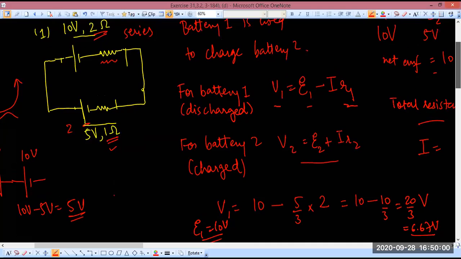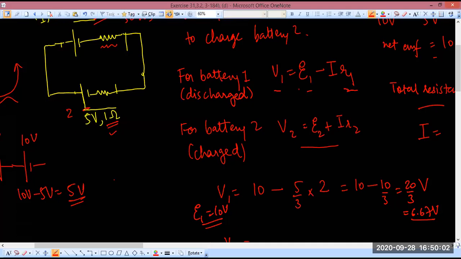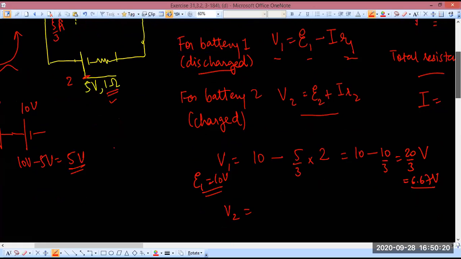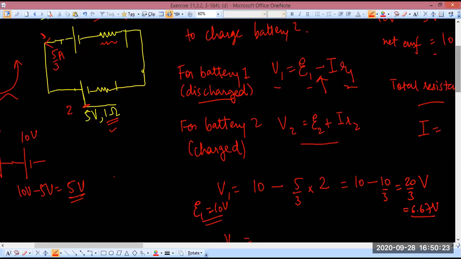We are using energy from this battery, and this battery will drive the current. This battery is responsible for this direction of current. That's why it is getting discharged, and that's why the terminal voltage is less, because if you use this relation with a minus sign, of course it should be less.